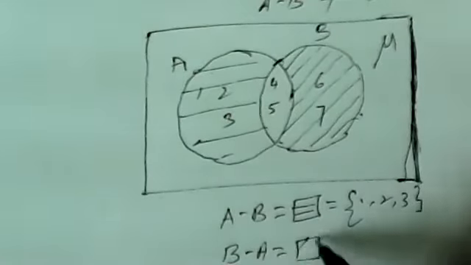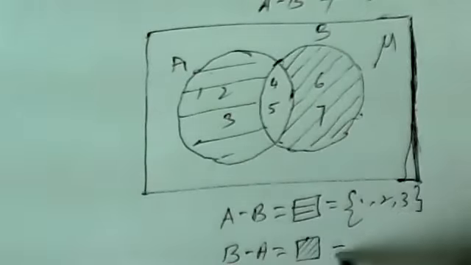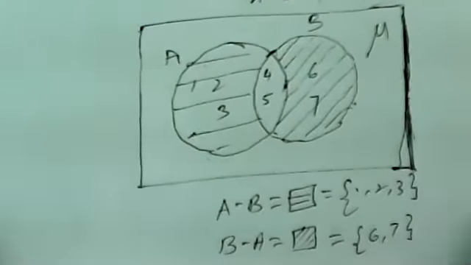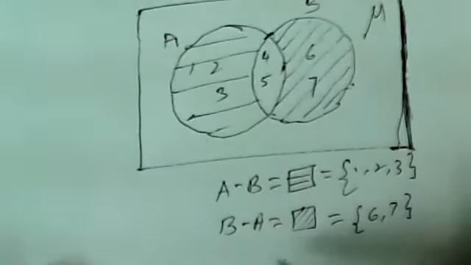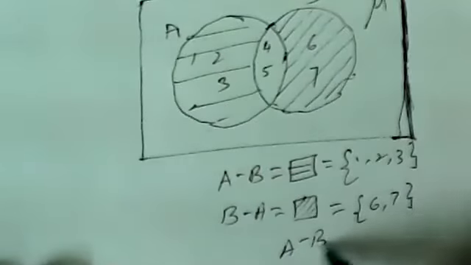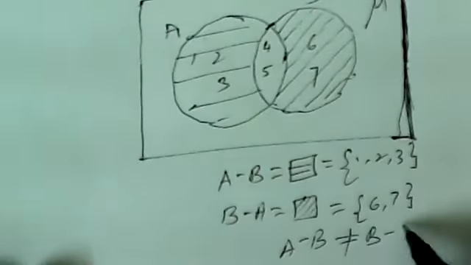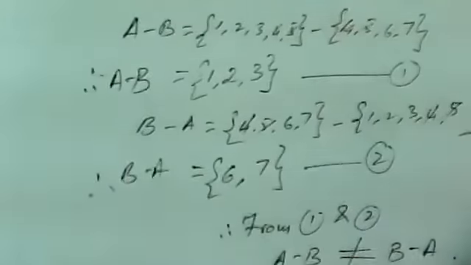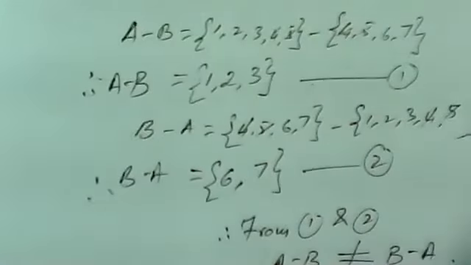Cross lines, and this contains elements 6 and 7. Check your answer. So what we confirm is that here also A minus B is not equal to B minus A. Please note this down, all of you.